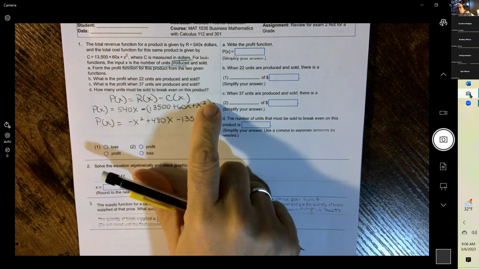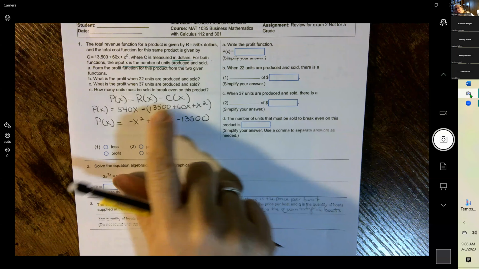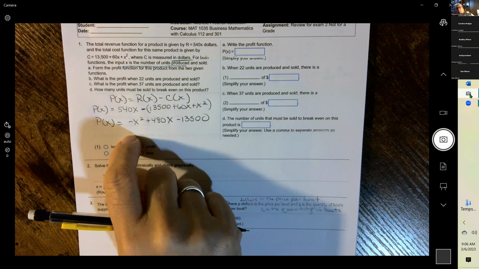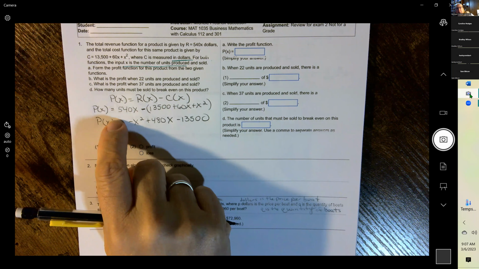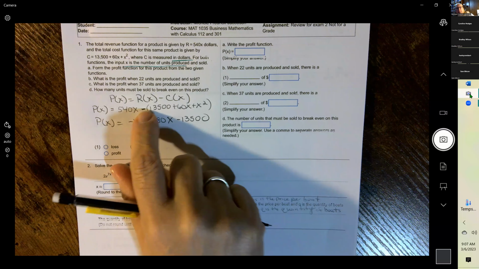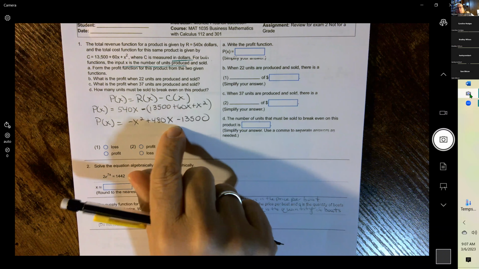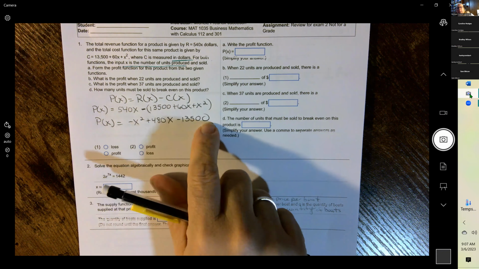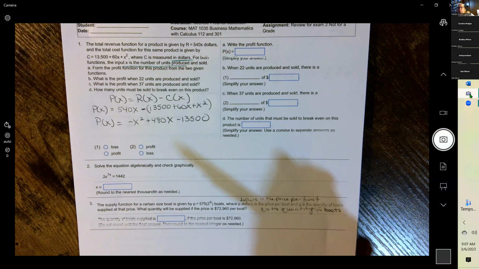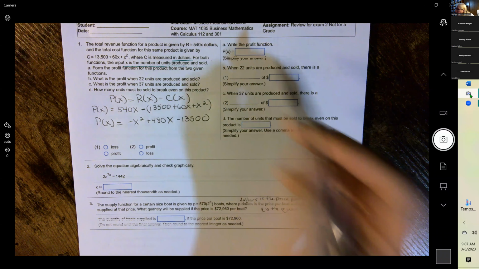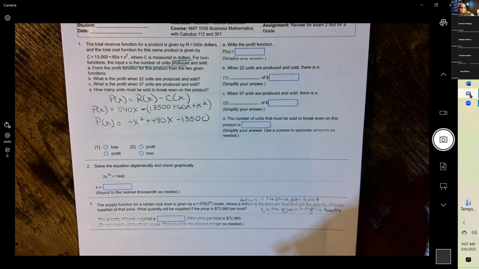I put my x squared first, so this negative times a positive will make it negative x squared. And then my x term, I have 540x minus 60x. And then the negative 13,500. That would be the profit function. Any questions on that part?